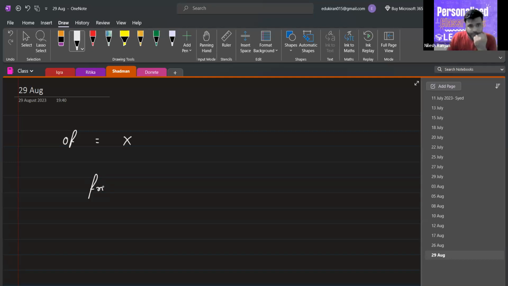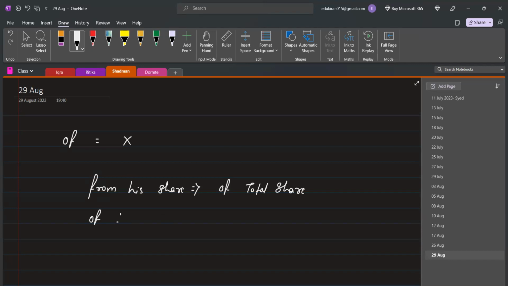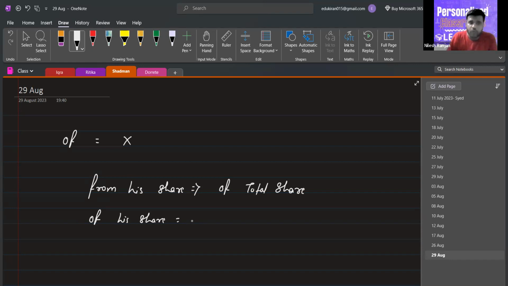So if from his share is given, okay, it means he is getting from the total share. And if of his share is given, then it means multiplication of his share.